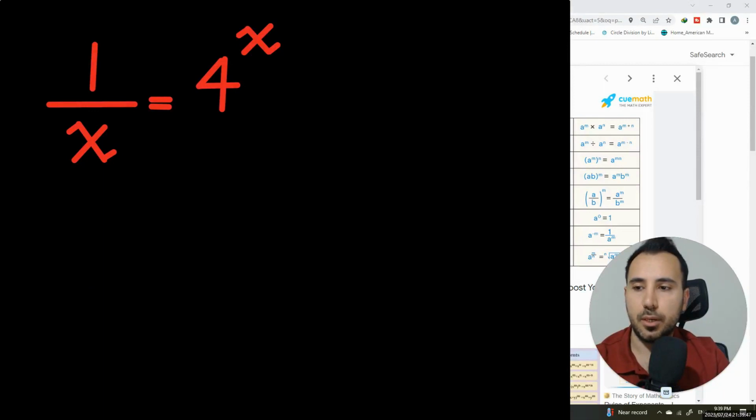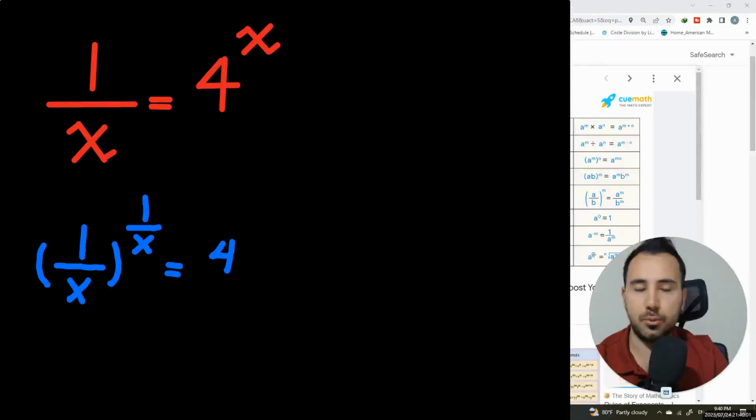Okay, let's go and actually solve this equation. Okay, so what I'm going to do is take both sides to power of 1 over x. Am I allowed to do this? The answer is yes, because if 2 sides are equal, when we take them to the same power, of course, it maintains equality.